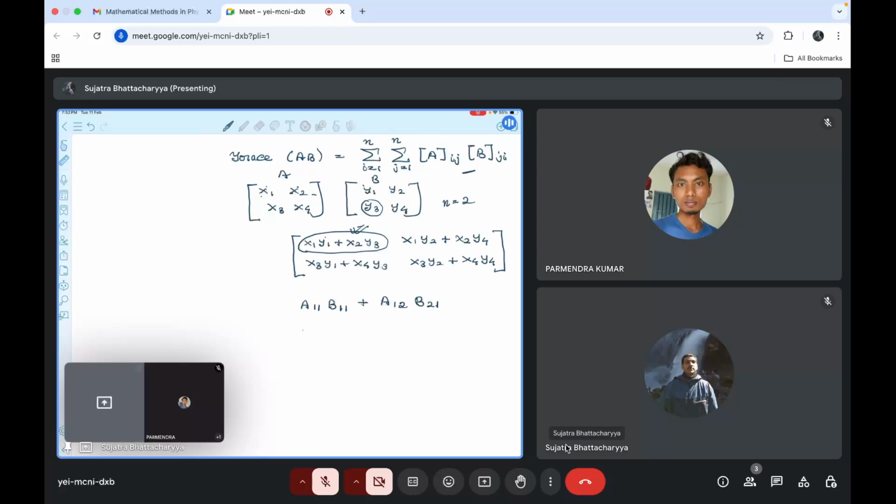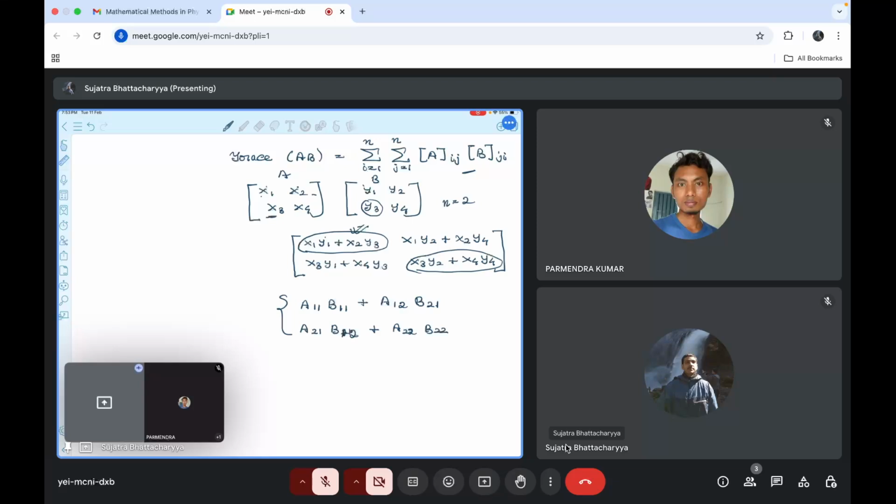Second, when i is equal to 2, we have a21 b12 because j is 1, plus a22 b22 because j is also 2. See this element. Isn't it the same?